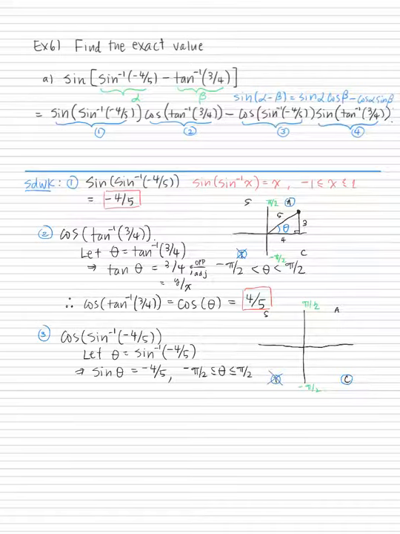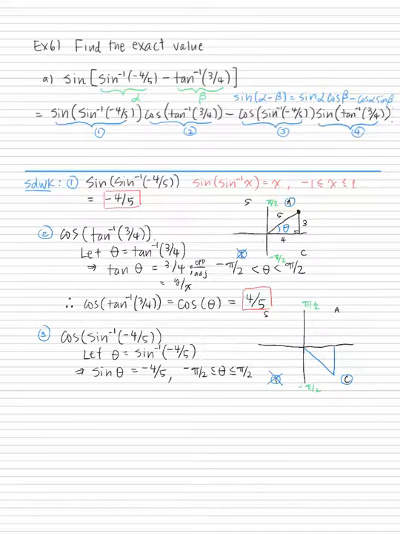Quad 3 is out. So your angle theta is going to lie inside of quadrant 4. Okay, so again, those of you who like the triangle, sine is opposite over hypotenuse, and if you like x, y, and r, sine is y over r. So here, regardless, you're going to get this triangle.